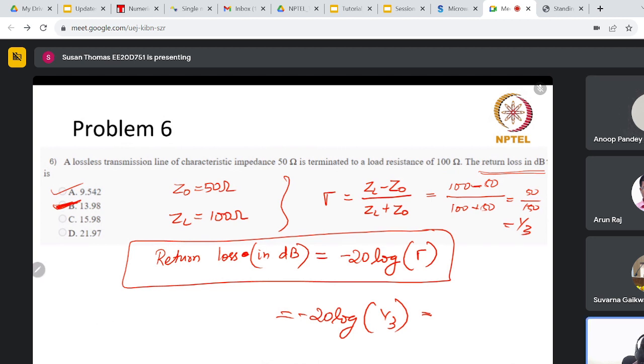This parameter, return loss, is quite familiar to people who have come across antennas, wherein we look at return loss rather than reflection coefficient. The technical parameter generally used is return loss. For example, you have an antenna which transmits at a resonant frequency of 1 gigahertz.